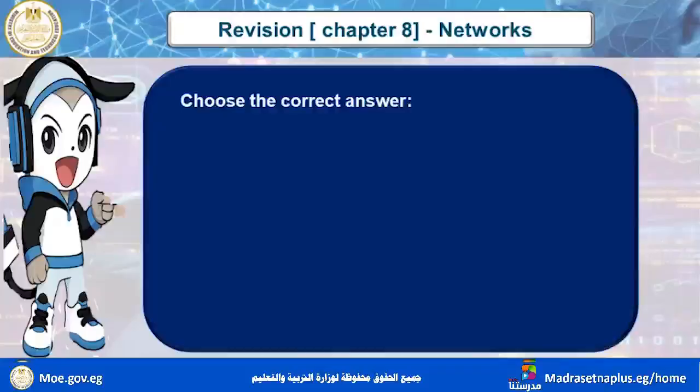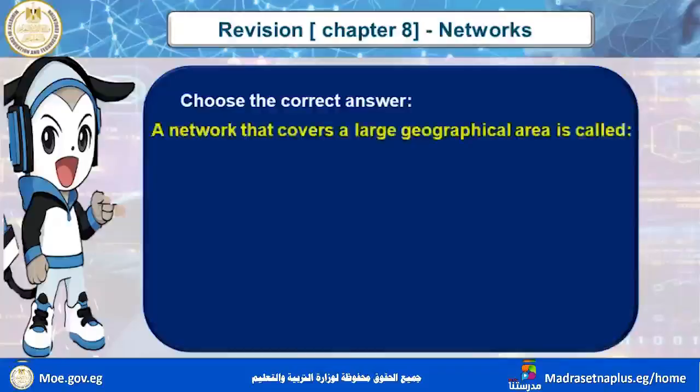Choose the correct answer. A network that covers a large geographical area is called LAN, MAN, PAN, or WAN. What do you think? Yes, a large geographical area is called WAN. The network that covers a large geographical area is called WAN.